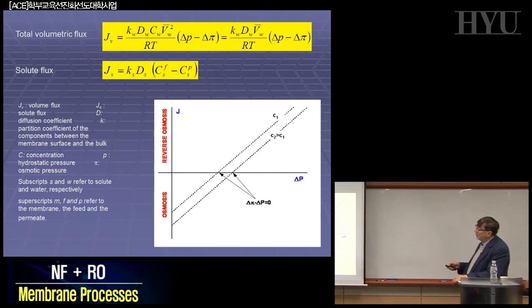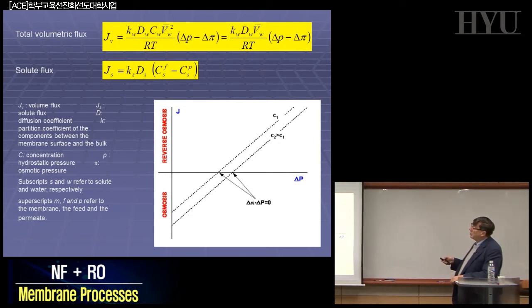For the solute, same story. The solute flux will be proportional, through the partition coefficient and diffusivity, to the concentration difference between the feed side and the permeate side. So these are relatively simple equations.